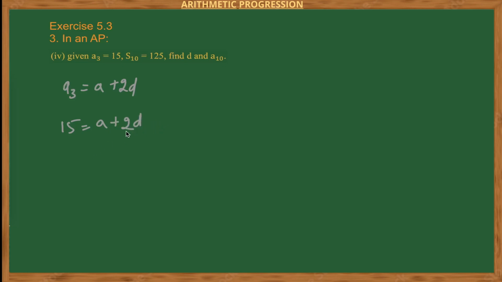This is one of our equations, and S10 is also given. When there are two unknowns, there should be at least two equations to solve this. So let's see whether we can form another equation here. Let's mark this as one equation. Now, can we utilize our S10?